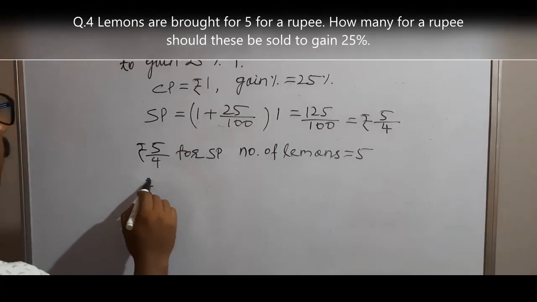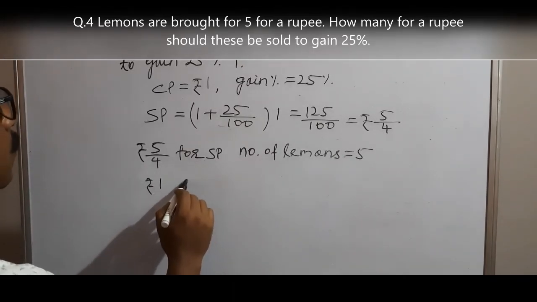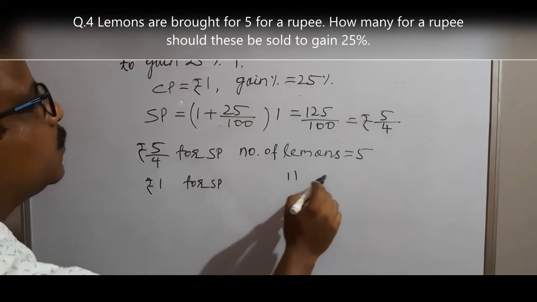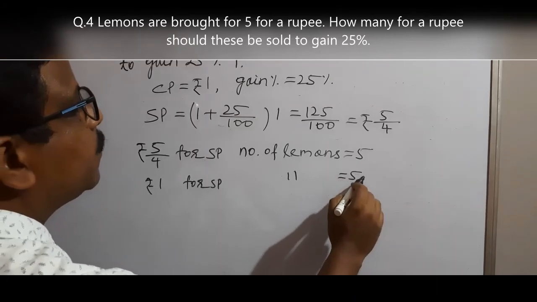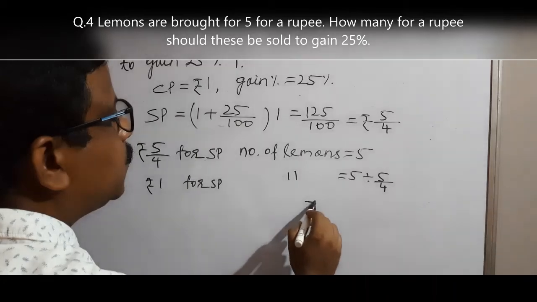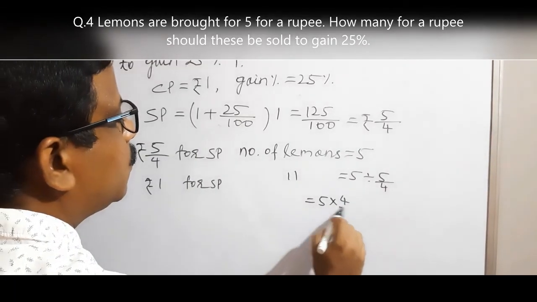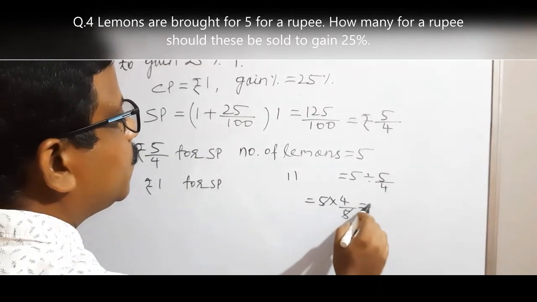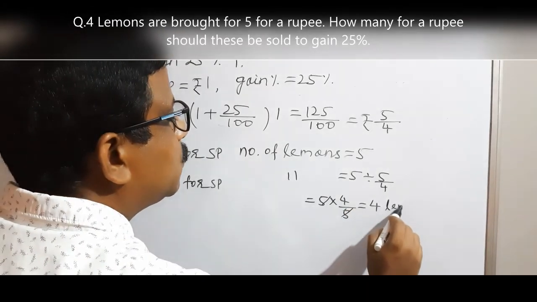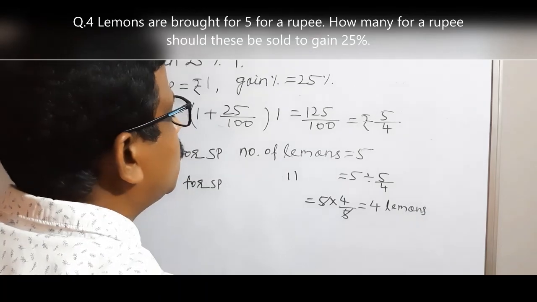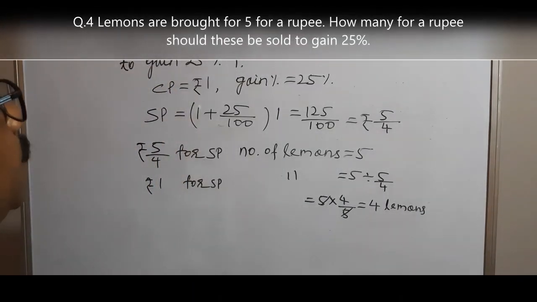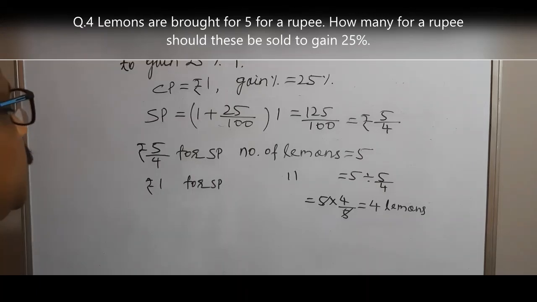So for rupees 1 SP, number of lemons is equal to 5 divided by 5 by 4. So it is equal to 5 into 4 by 5. 5 cancels. So 4 lemons. So the shopkeeper can sell 4 lemons for a rupee to gain 25%.